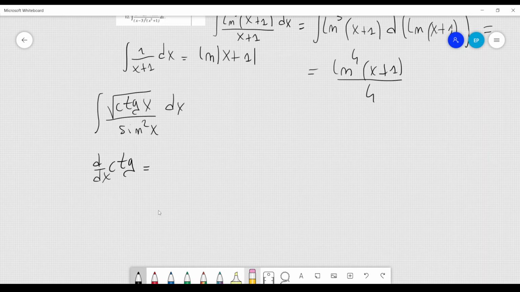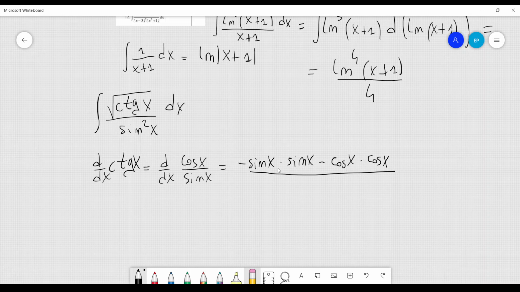The derivative with respect to x of the cotangent of x is the derivative of the cosine of x divided by the sine of x. This is minus sine x times sine x minus cosine x times cosine x, by the usual rule for the derivative of a ratio of functions, divided by sine squared x. Here we have minus sine squared minus cosine squared, so this is minus 1 over sine squared x.